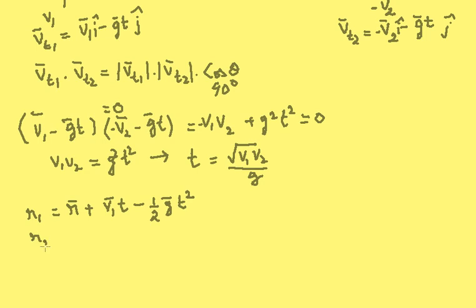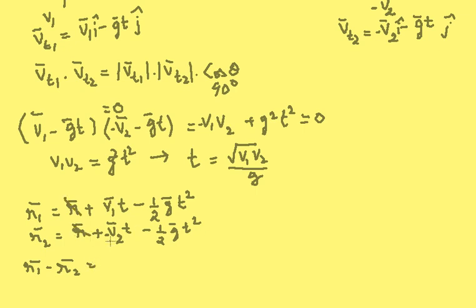Similarly, R2 bar is equal to R bar, it's the same, both the bodies start from the same point at the same time, plus minus V2 bar into T minus half G bar into T square. I've been asked to find the distance between these two bodies. So R1 bar minus R2 bar would be equal to, so these two cancel away on subtraction.